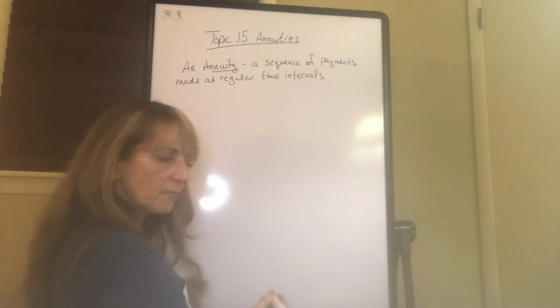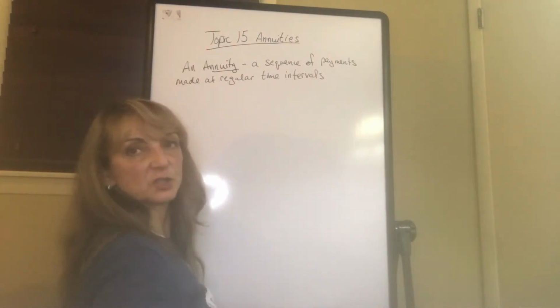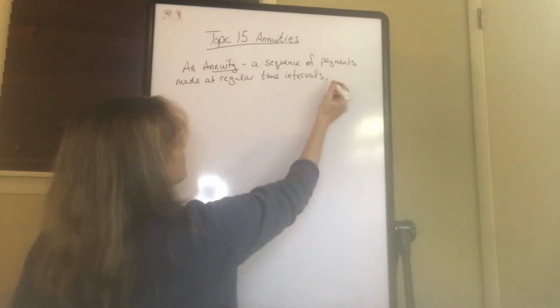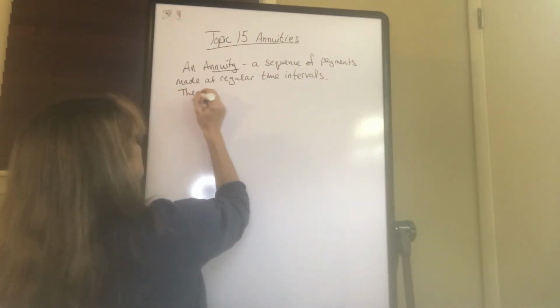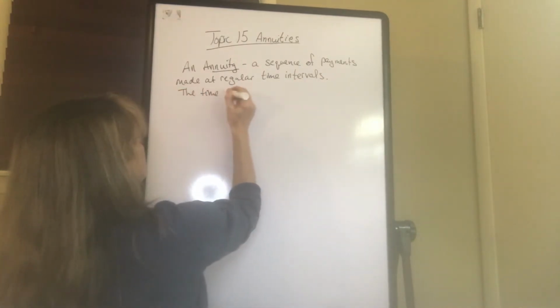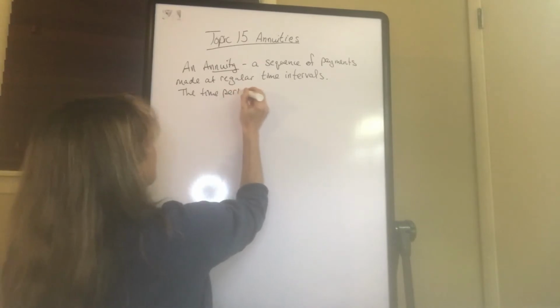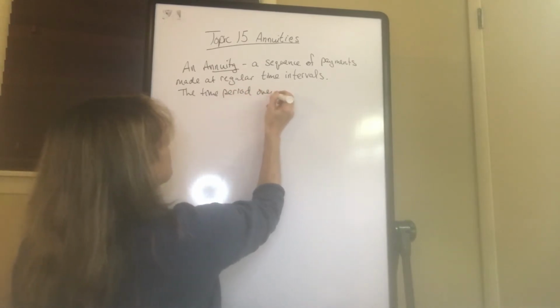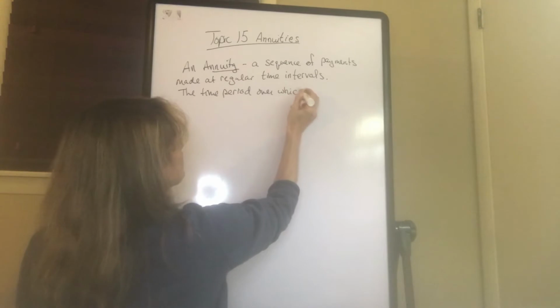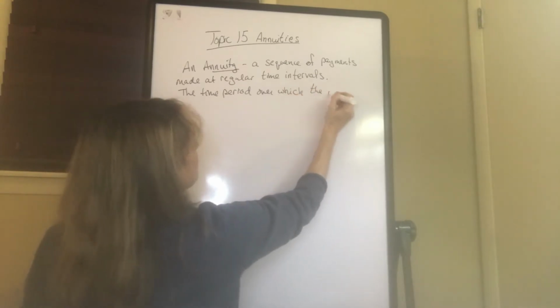The time period in which the payments are made is called the term of the annuity.